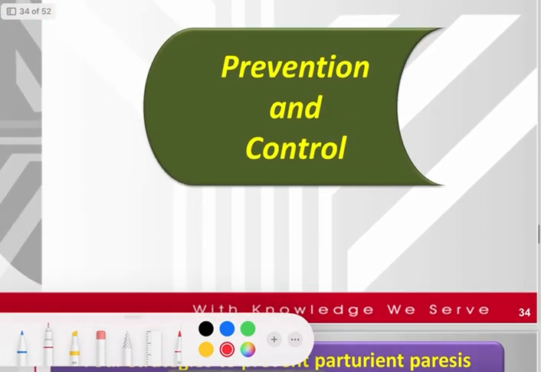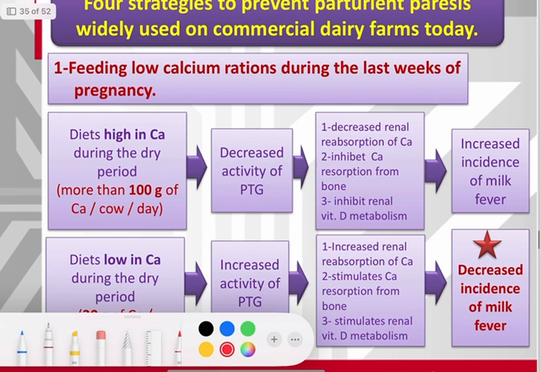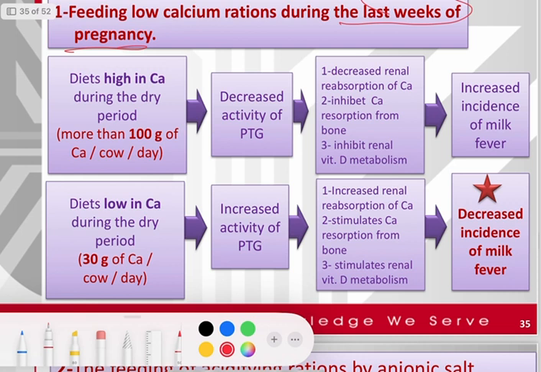So how can we prevent and control the case of hypocalcemia? Feeding low calcium rations during the last week of pregnancy: diets low in calcium during the dry period will increase the activity of the parathyroid gland, which will cause increased renal absorption of calcium. It will stimulate calcium reabsorption from bone, and it will stimulate renal vitamin D metabolism, which will cause low incidence of milk fever.